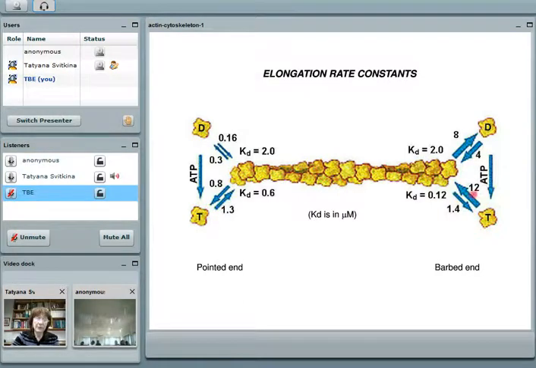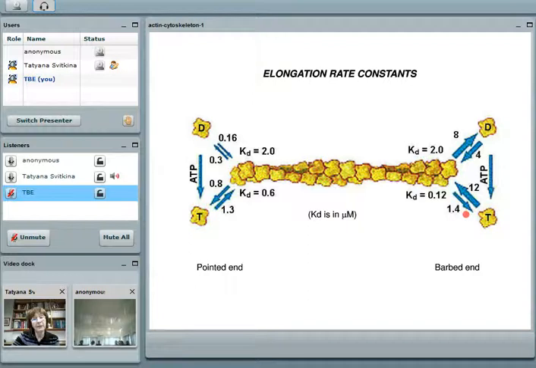And you can see that 12 is the k-on constant for the barbed end, and 1.3, almost tenfold lower, for the pointed end, which means that ATP actin would assemble on the barbed end 10-fold faster.